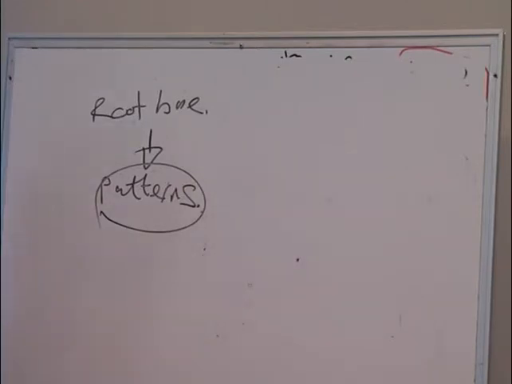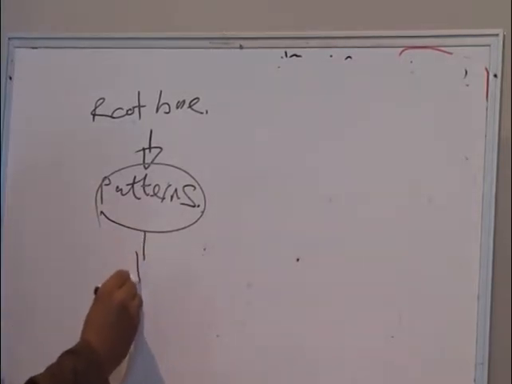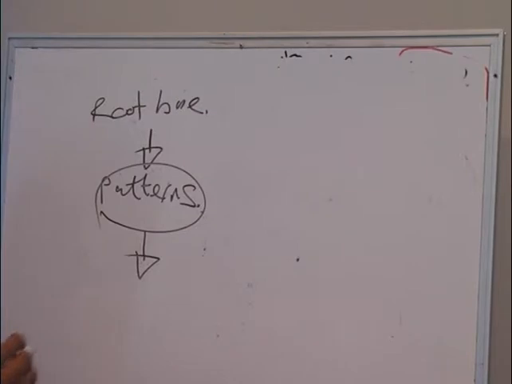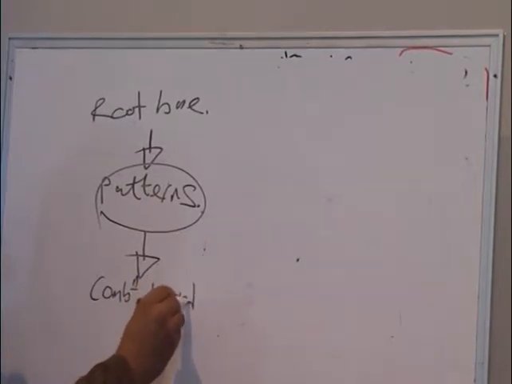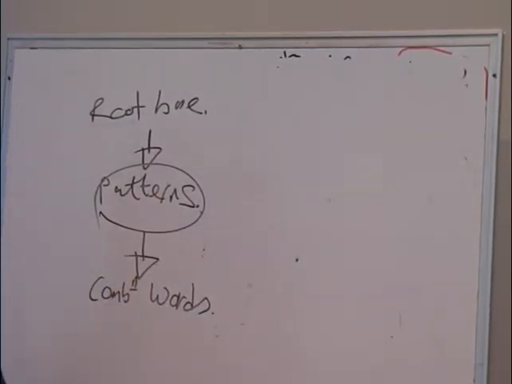Root letters. And then the next stage that we talked about was the actual combination of words together. We gave the example of Zaid hitting Amr. And we said that in English, you can only do it one way.